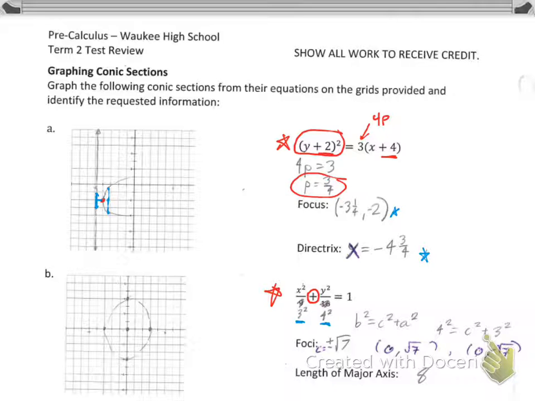The center of this one, if you want to think of it, is x minus 0 squared, and y minus 0 squared. So the center is 0, 0. Now, that's to prepare you. Remember, usually ellipses have a center that's not 0, 0, for the problems that we've seen anyway, but this one happens to be 0, 0. And then that 3 units left and right and 4 units up and down will be from the center of 0, 0. And then you can sketch your ellipse.